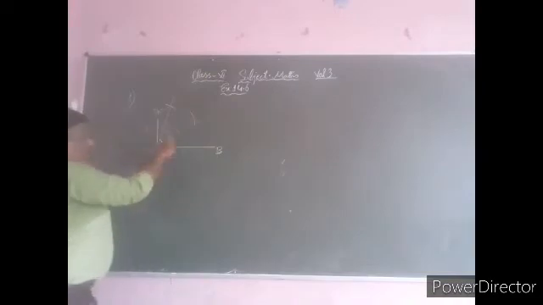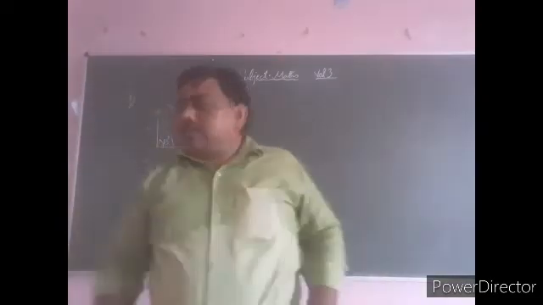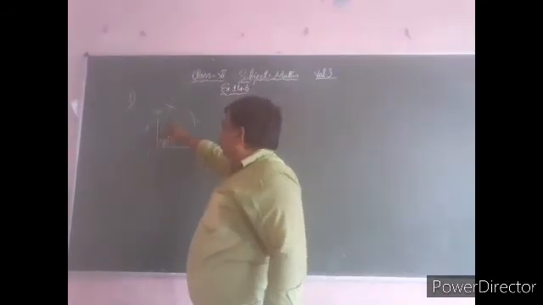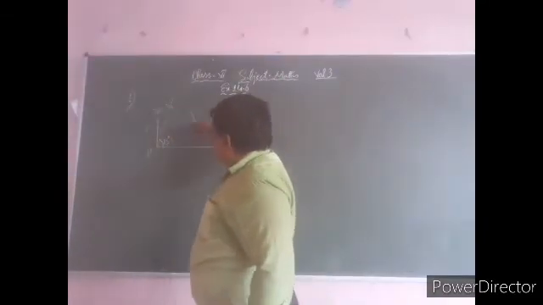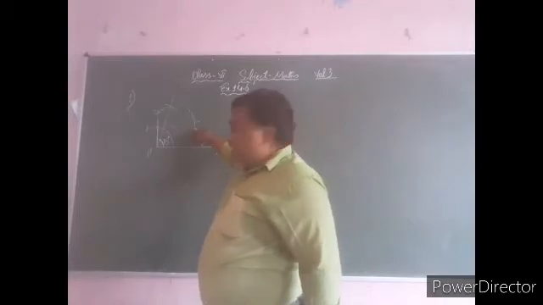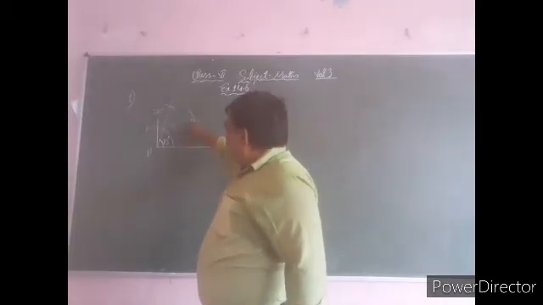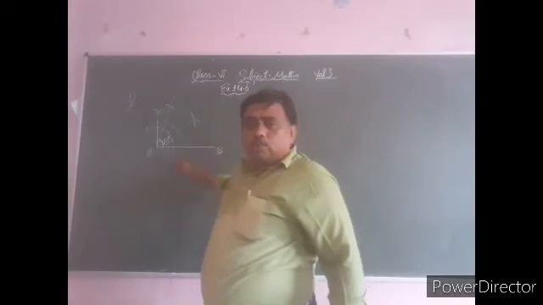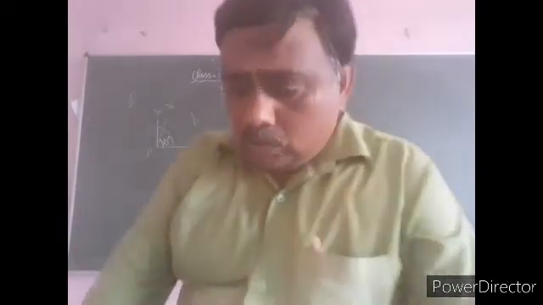Arcs from this and this point should be equal, that is, the radius should be the same. From here, whatever is the radius, the arc from here should have the same radius. So join it.